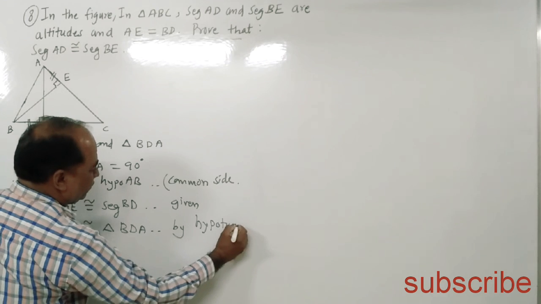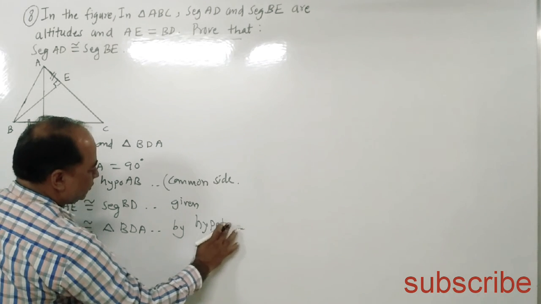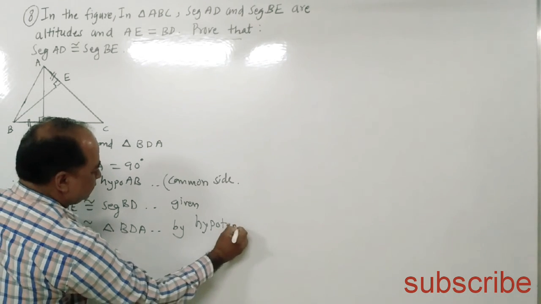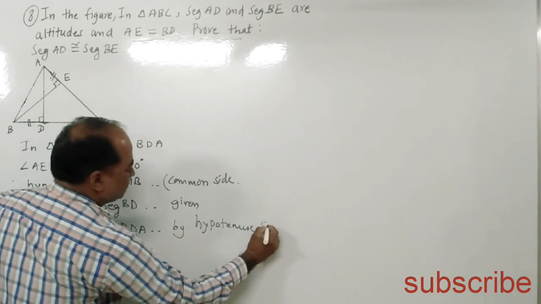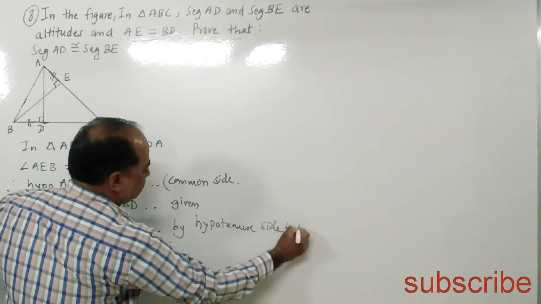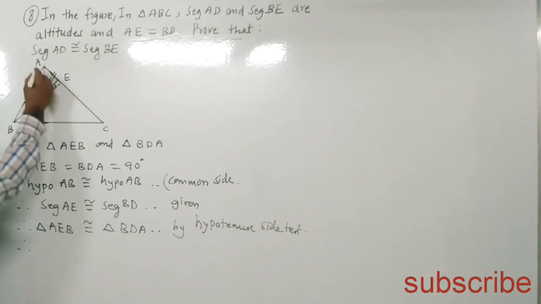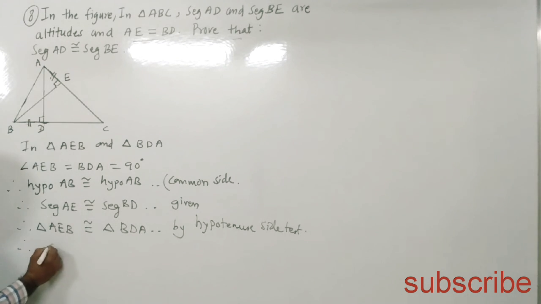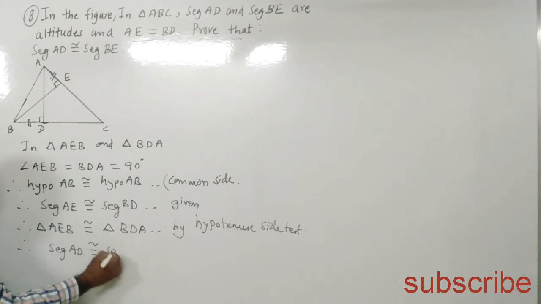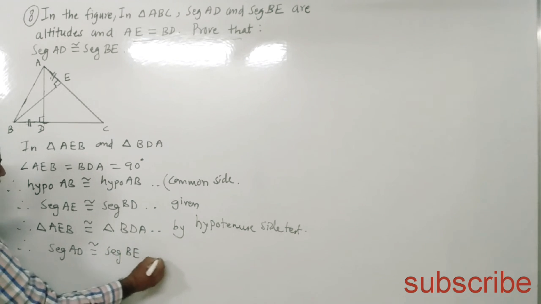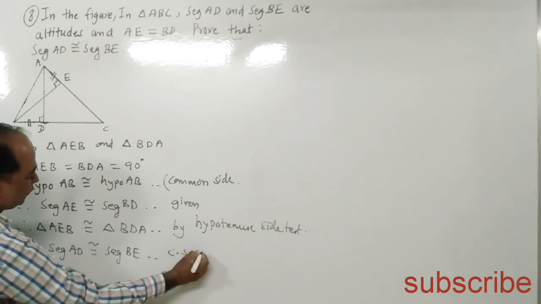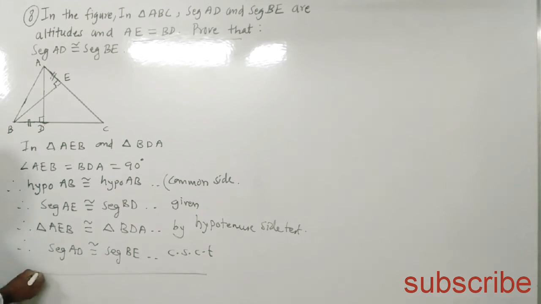Therefore segment AD is congruent to segment BE, corresponding sides of congruent triangles. Hence, we have proved it.